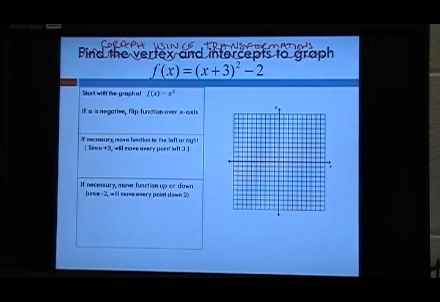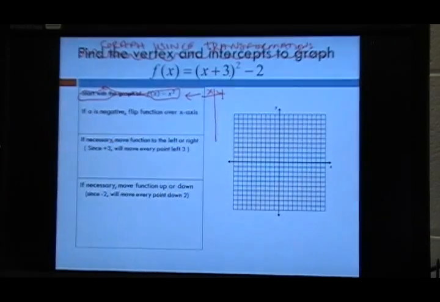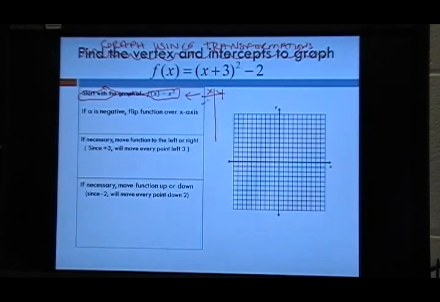Okay, and so if I want to start with the basic, I have to start with points that are on the basic. Okay, and when you're dealing with a basic quadratic, you need to get used to the points -2, 4, -1, 1, 0, 0, 1, 1, and 2, 4.